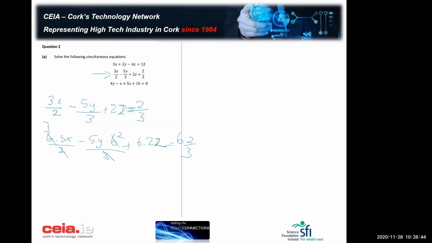So you end up with 9x minus 10y plus 12z is equal to 4. So there you have an equation that you can work out simultaneously with the other 3.